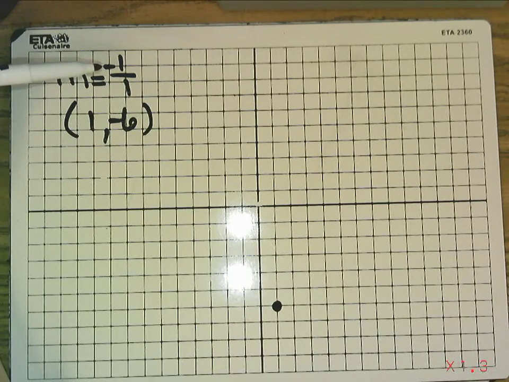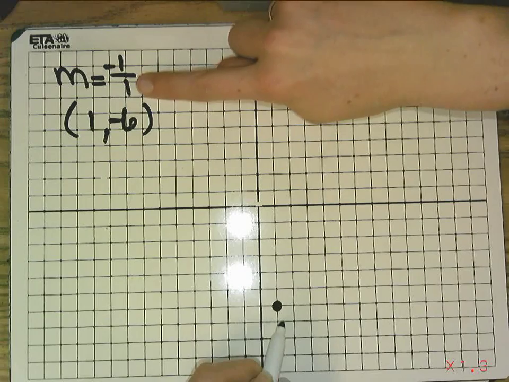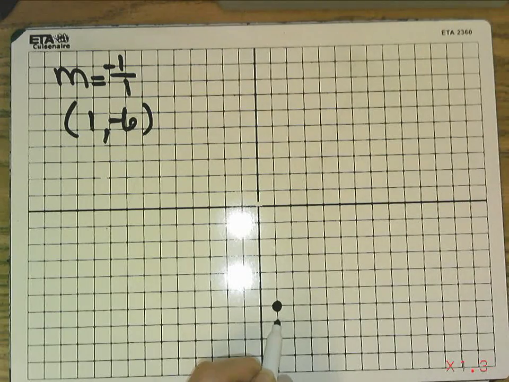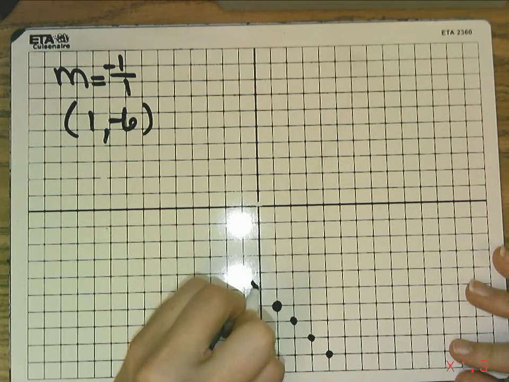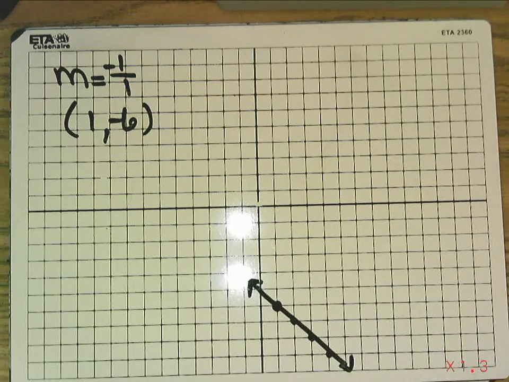When I'm doing rise over run, I'm going to rise negative 1. So that means I'm going to go down 1. And then my denominator is positive 1. So that means I'm going to run positive 1. And that would be my next point. I'm going to do that a few more times so that my line is nice and straight. And then you would take a ruler and connect your points, and that would be your line.